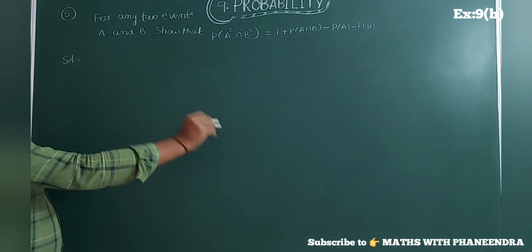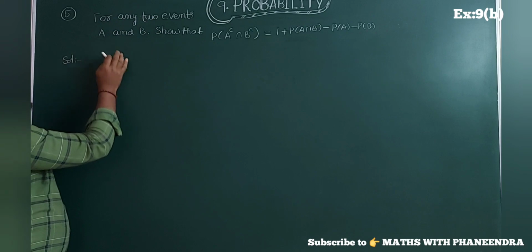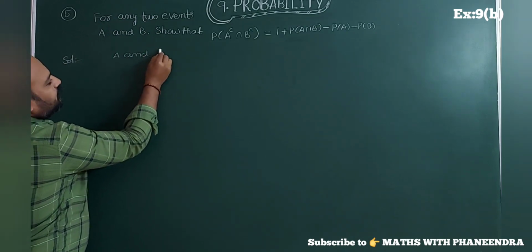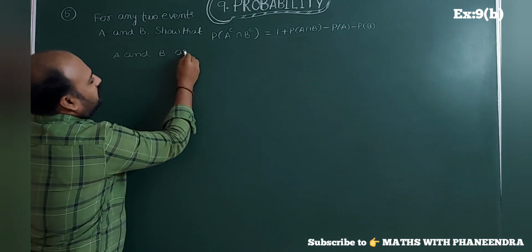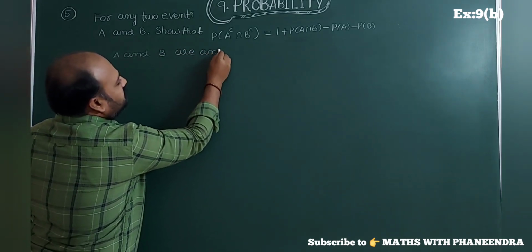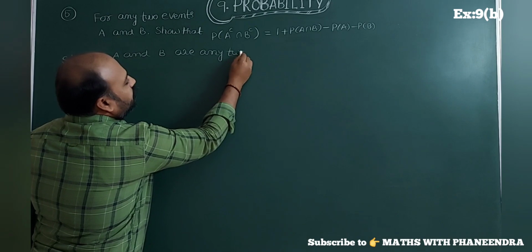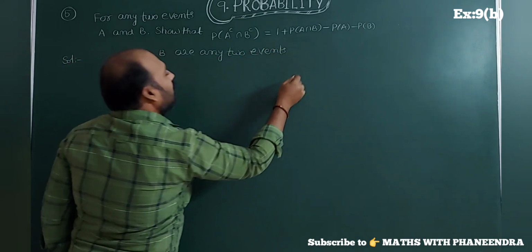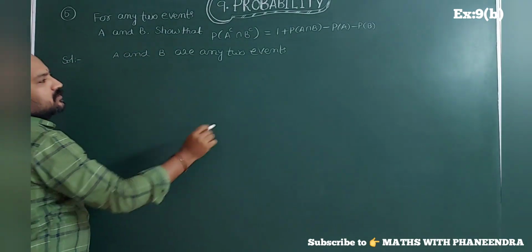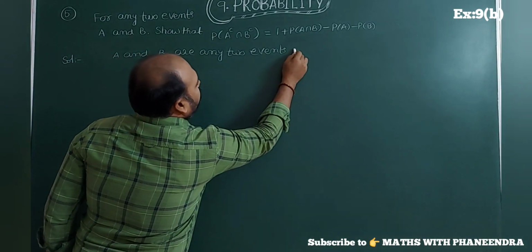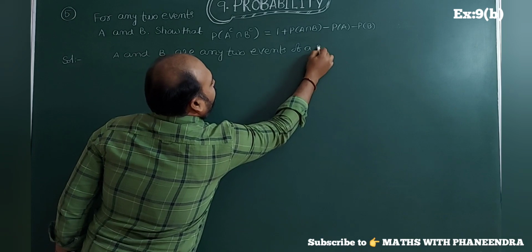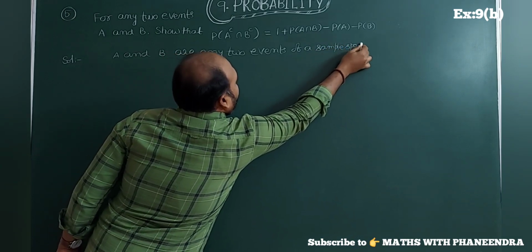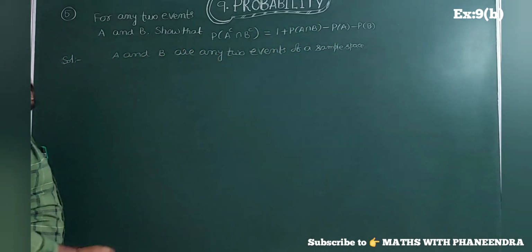So first step, we write whatever is given: A and B are any two events of an experiment in a sample space.